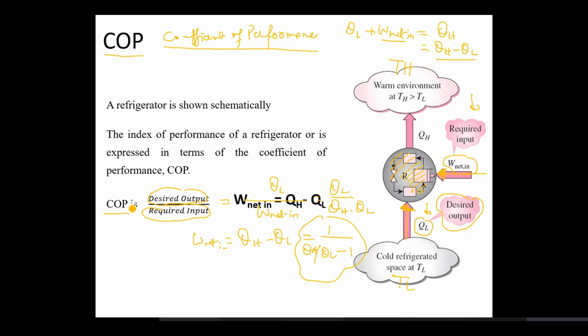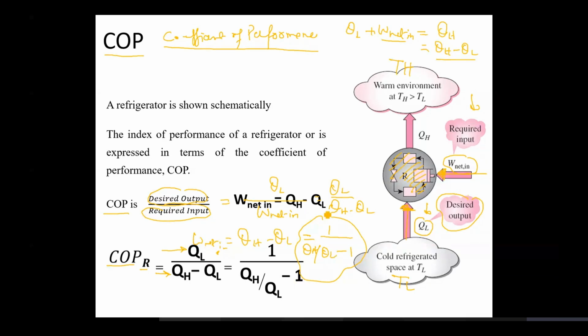So work net is QH minus QL. COPR, R means when you're talking about a refrigerator. Coefficient of performance of a refrigerator is QL over QH minus QL. You divide every variable by QL, so you'll have 1 divided by QH over QL minus 1. Is this clear to you?